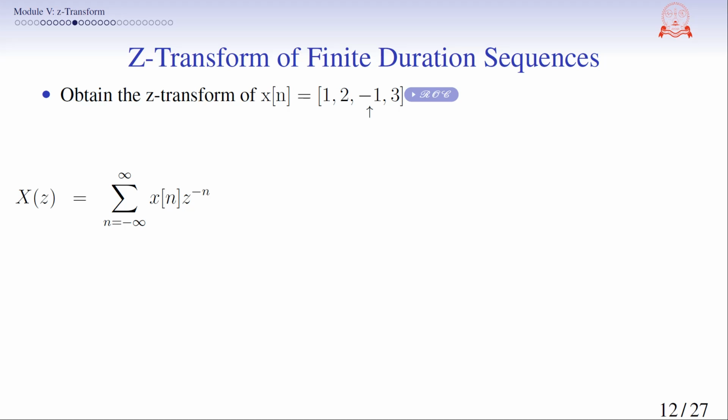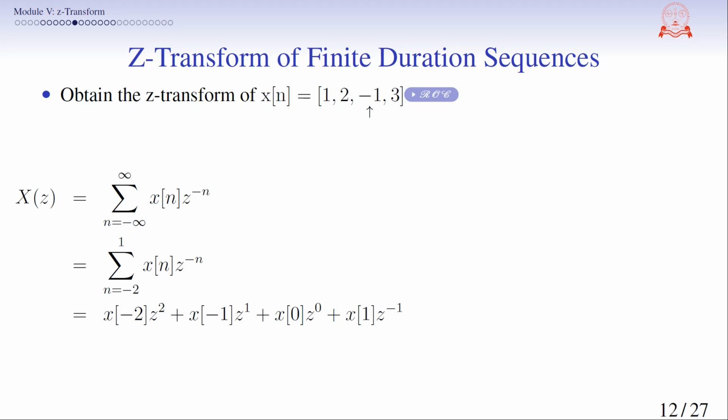Here X(z) equal to summation from minus infinity to plus infinity x(n) z raised to minus n, that is summation n equal to minus 2 to 1 x(n) z raised to minus n. Substituting the values, we get X(z) equal to z square plus 2z minus 1 plus 3z raised to minus 1.